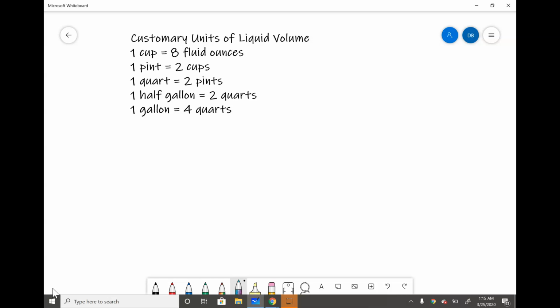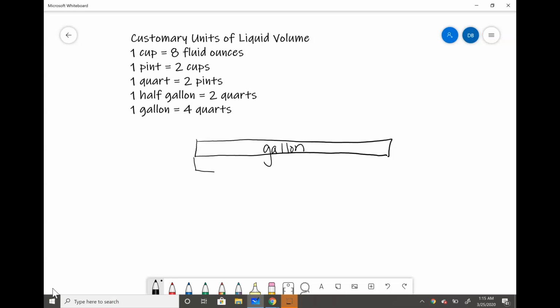So if I think about a gallon, this bar is going to represent a gallon. Now, if I wanted to use a smaller unit, I could use quarts.